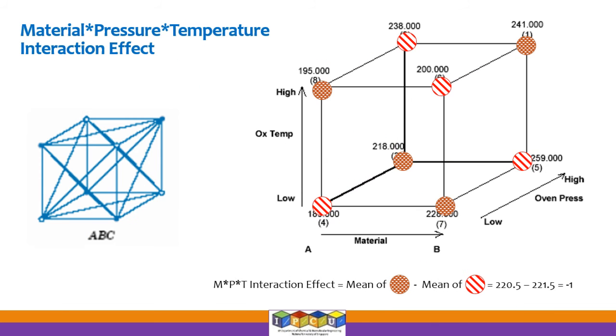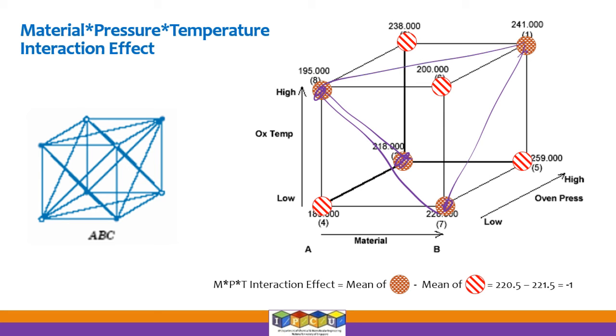Okay, so there are many ways in which you can come up with these answers for the effects. And then when you do materials times pressure times temperature, the three-factor interaction effect, these are experiments where m times p times t is positive. So these are like corners of a tetrahedron. Okay, and there are two tetrahedrons with four vertices each. So this, this, and this, right?